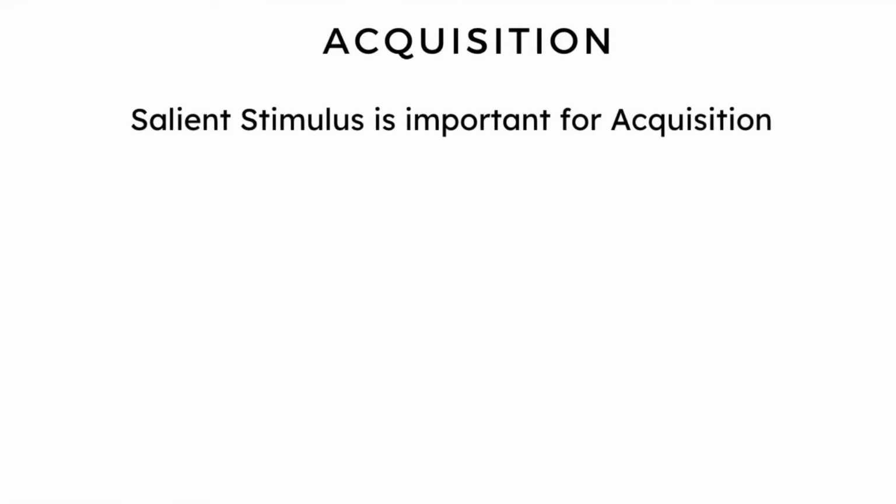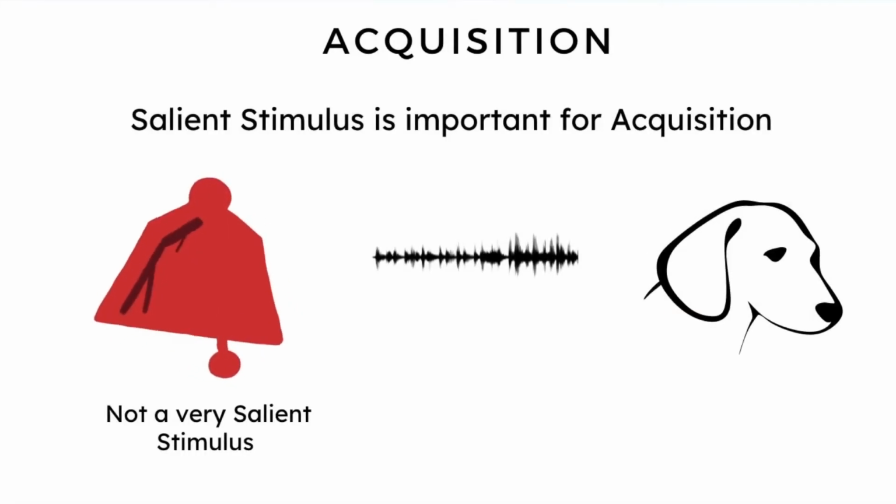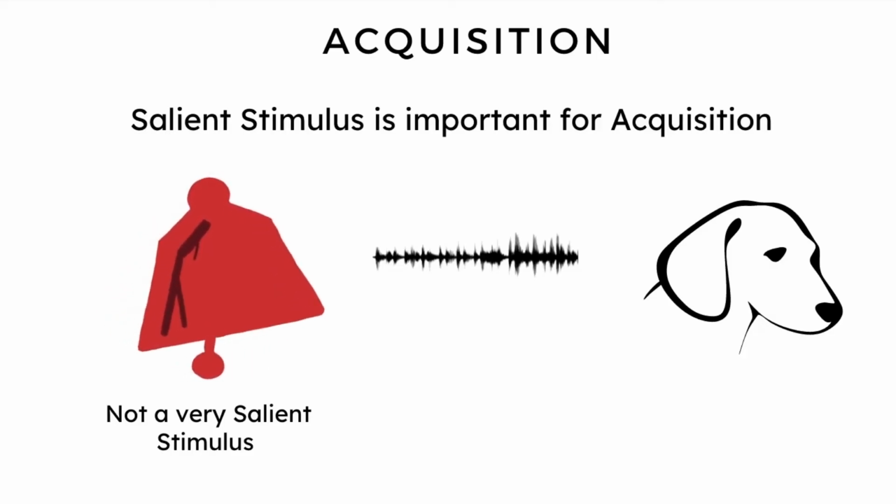Let's first look at stimulus salience. In order for acquisition to occur successfully, we have to use a clearly discernible, salient stimulus. For example, if Pavlov used a bell which produced very low, faint sounds, then it would be difficult for the dogs to acquire the stimulus-response mapping, and it is possible that the conditioning would not occur.